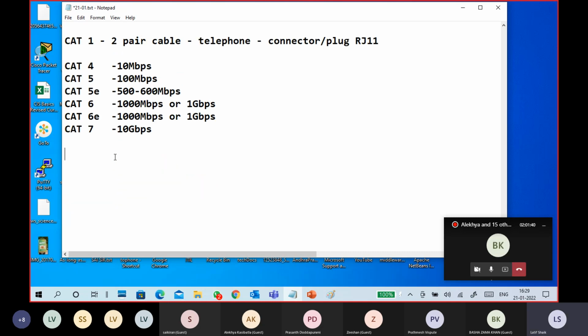Okay, and these are connected with RJ45. We use an RJ45 connector for connecting devices. Connector means plug.